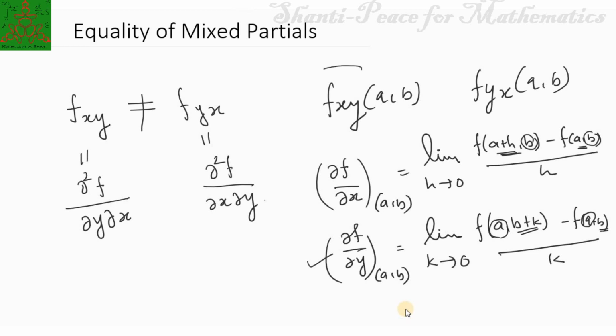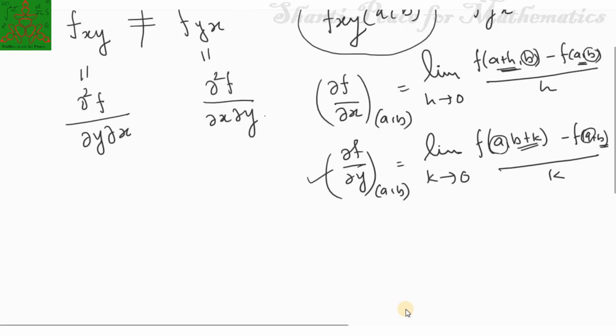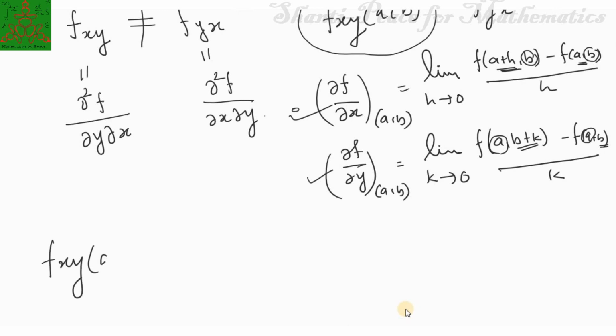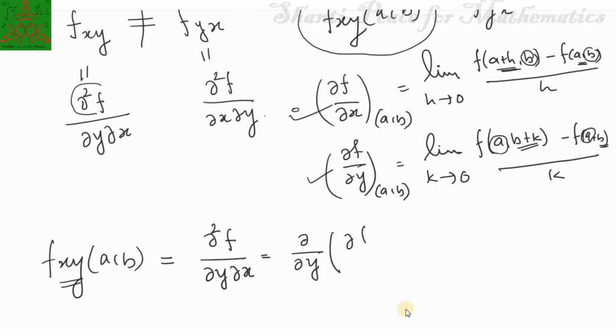Now, what is the meaning of f_xy at (a,b)? According to the definition, this will be del square f upon del y del x. This is nothing but del by del y of del f by del x at point (a,b).